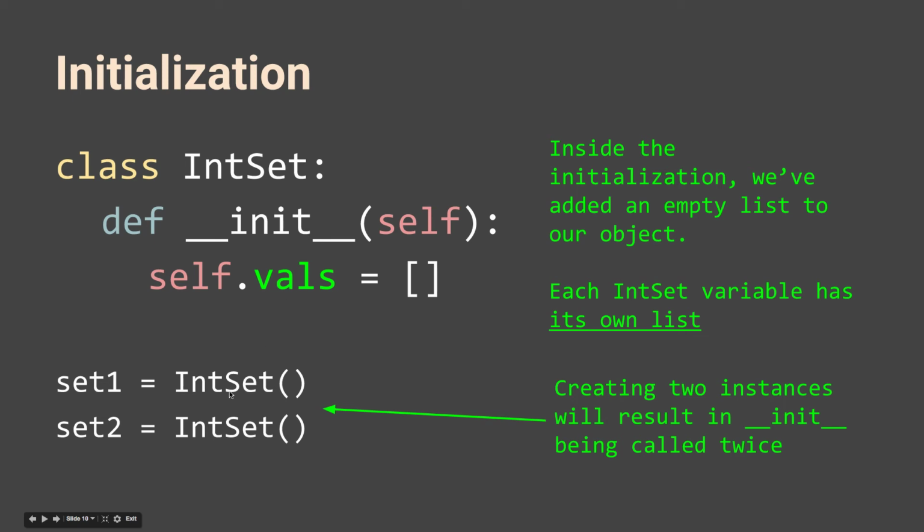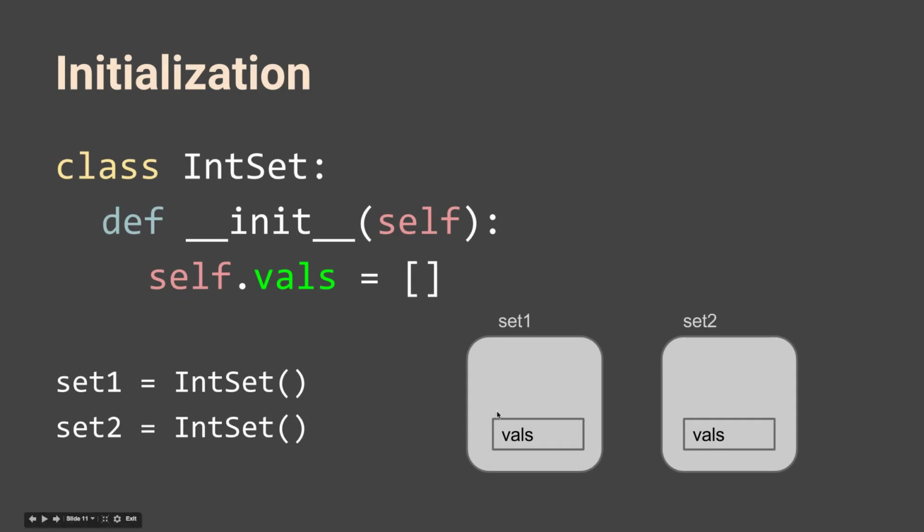It's called for each time we create one of these instances, and self is different. It refers to a different object each time it's called. So each of these IntSets gets its own vals list. It's an empty list when it's initialized. So in memory, we're going to really see we've got two objects, set1 and set2. They've each got their own vals list, again, starting off empty.